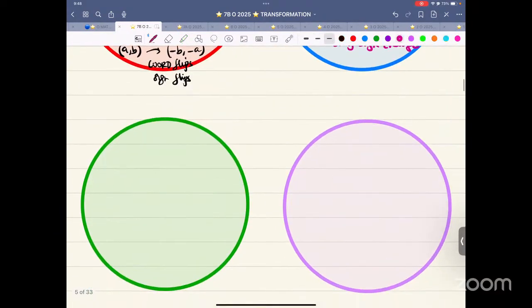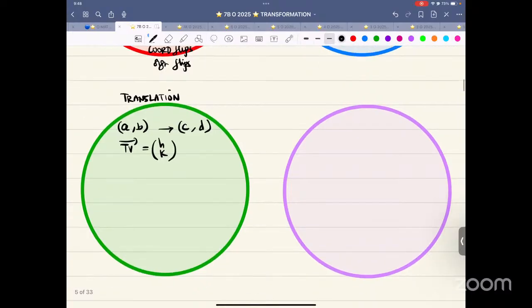Now the third one is what you call translation. That is the simplest of them all, and a very easy concept. If the original point is (a, b), and this becomes (c, d), and the translation vector is (h, k), how are they related?